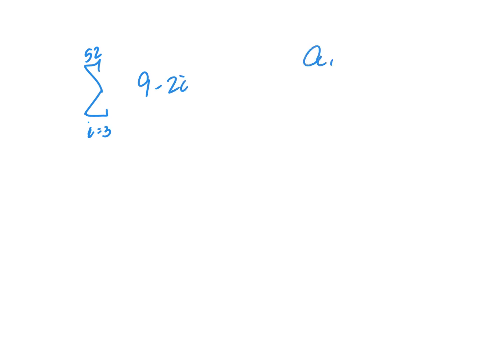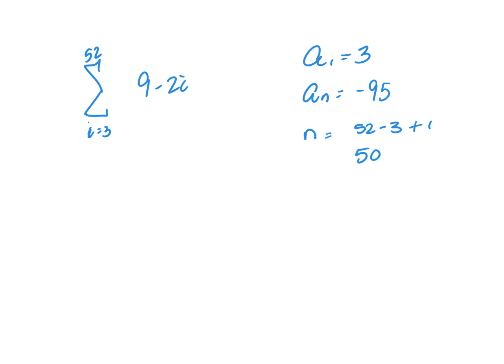So A1 is going to be 9 minus 6, which is 3, and AN is going to be 9 minus 104, which is what, negative 90 something? Negative 95? Yeah. And then your N is going to be the top number, 52, minus the other one, 3, plus 1, which is also 50.